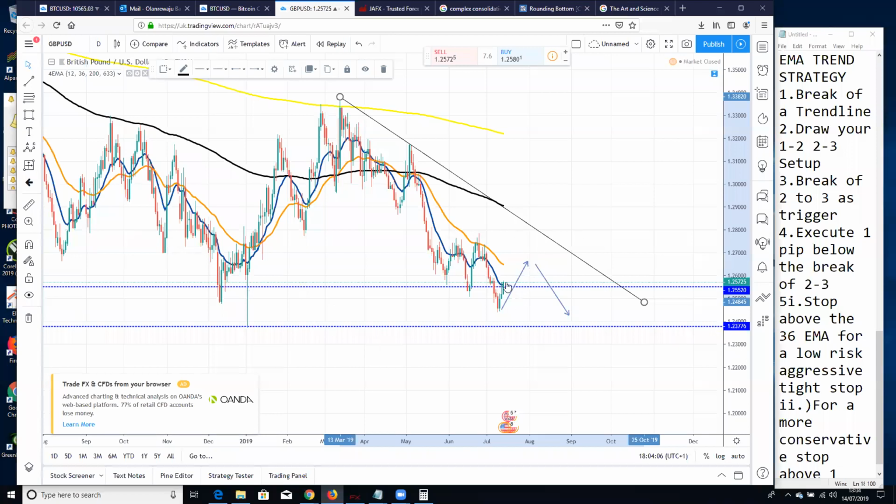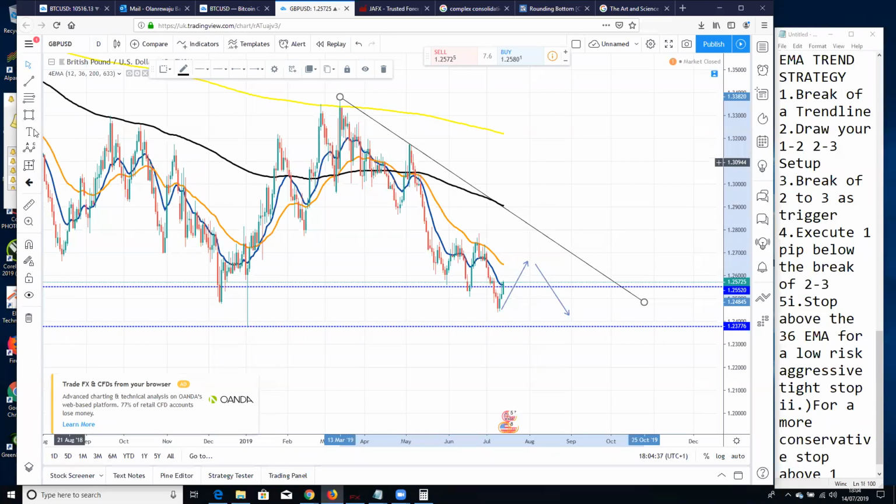So we have a trend line. Price can be pushing towards that particular trend line, but we will get to one before the other, definitely. And the one that we will get to first is going to be this 36 EMA, okay?